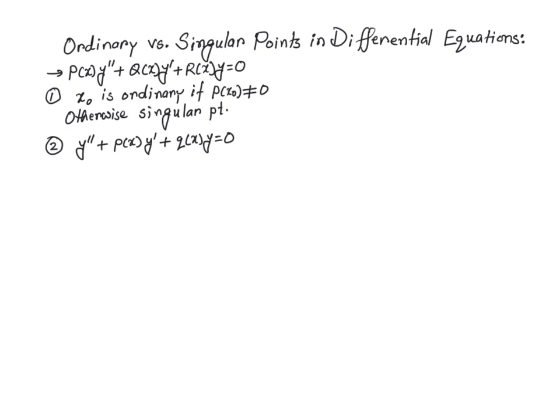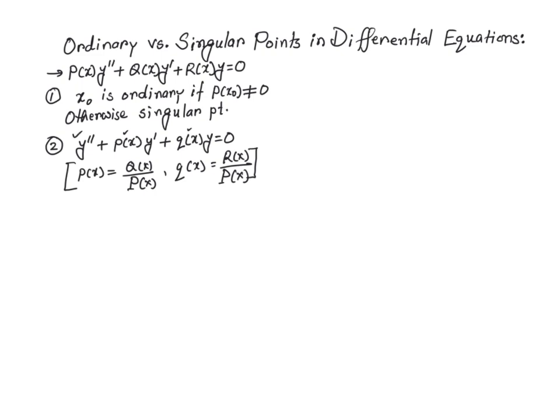As you can see, this p of x and q of x are nothing but, let me write it down here, p of x, you can think of it as Q of x over uppercase P of x, and little q of x is nothing but R of x divided by uppercase P of x.